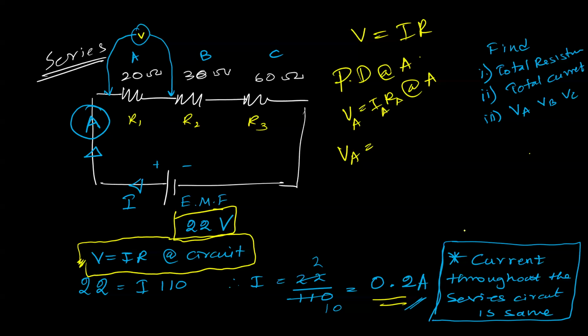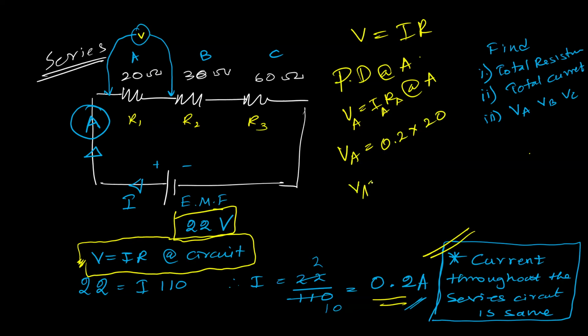From this special concept, we know current throughout the series circuit is the same. So what is the current we found? 0.2. Through A also it will be 0.2, B also 0.2, C also 0.2. So 0.2 into RA. What is the resistance of A? 20 ohms.